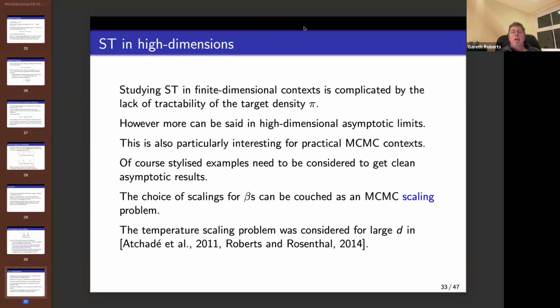We're going to be interested in this kind of scaling problem, which is the problem of actually choosing the betas. I think I've introduced most of that already.